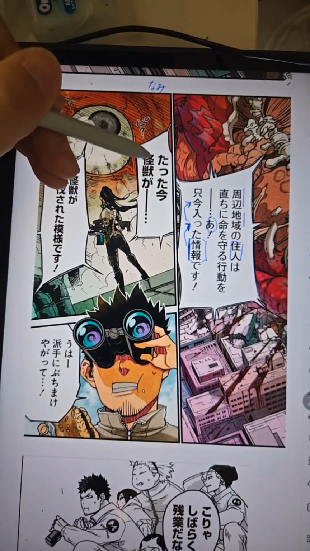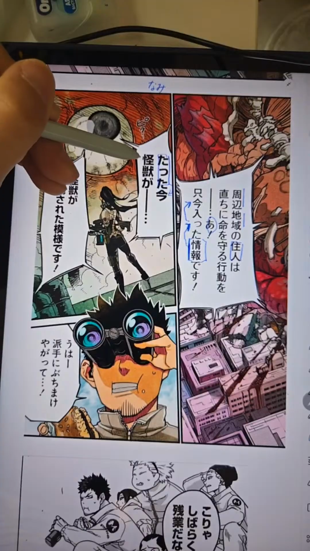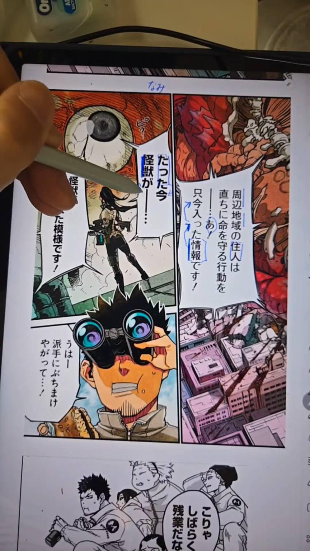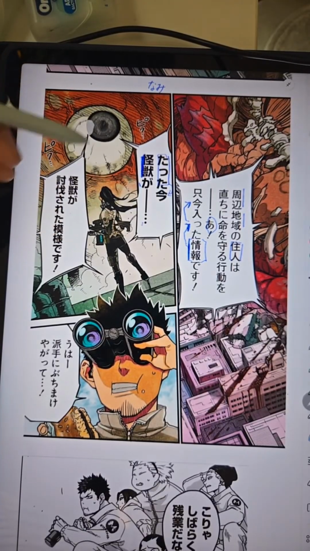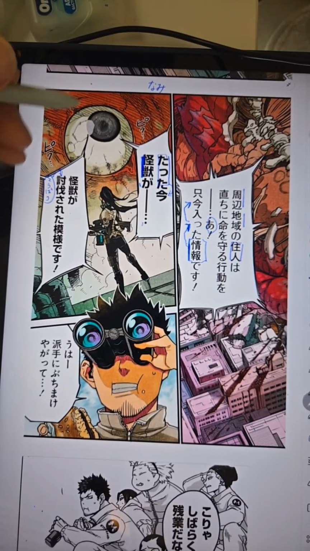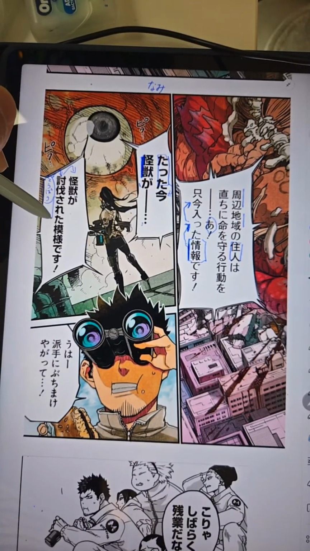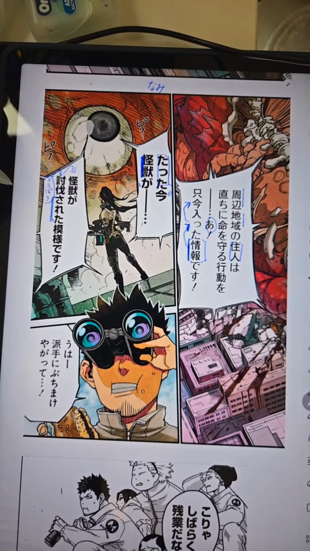はい。たった今, just now. 怪獣が, the monster is. はい。怪獣が討伐された模様です。討伐, 討伐 is to eliminate. In this case, eliminating this monster. 討伐された is the passive form. 討伐する is to eliminate.